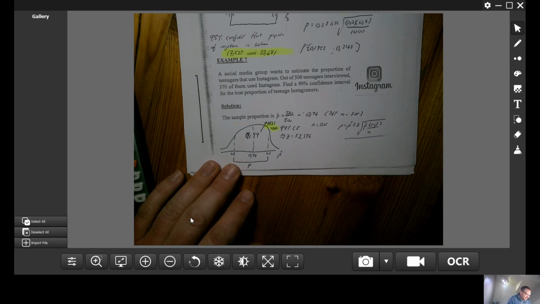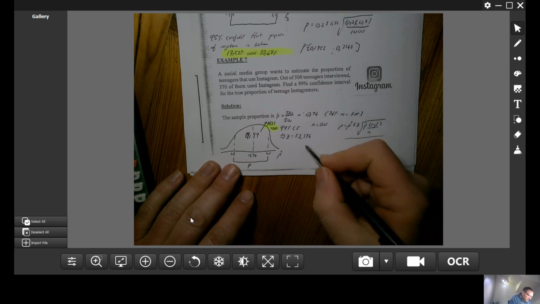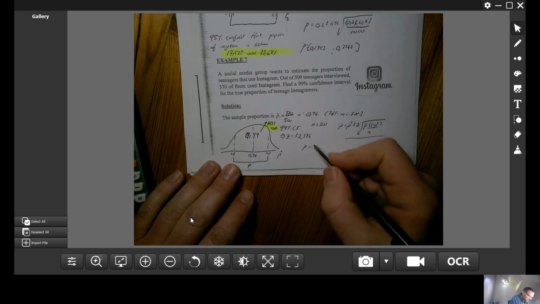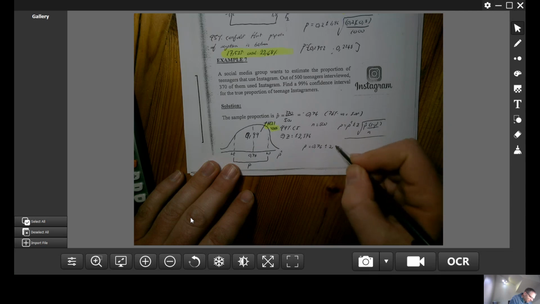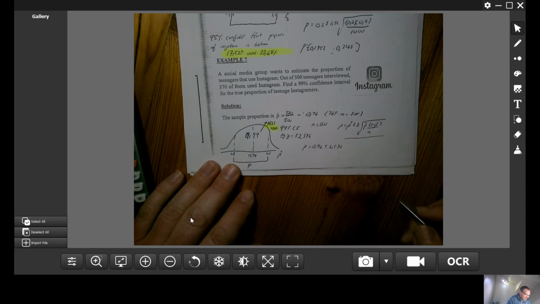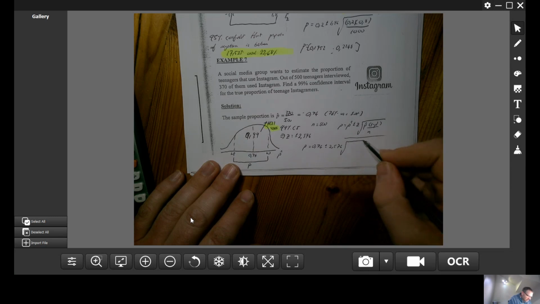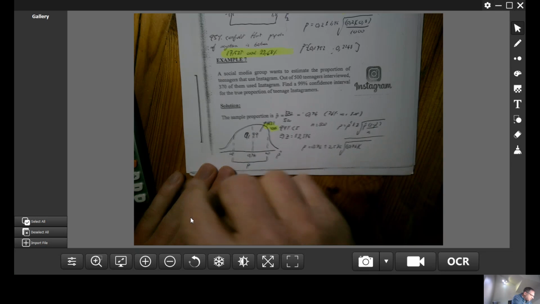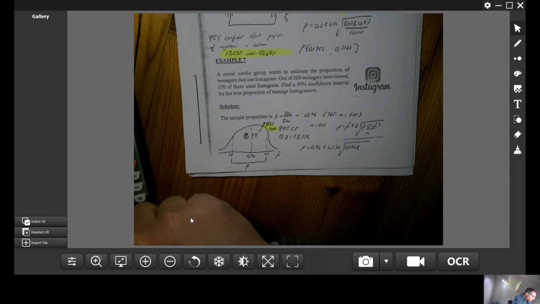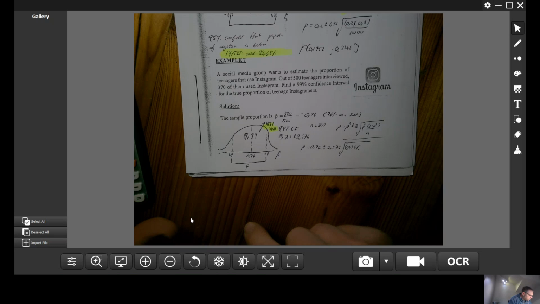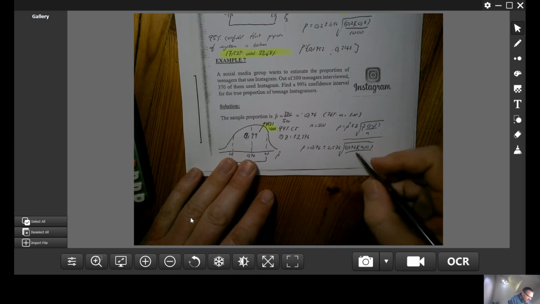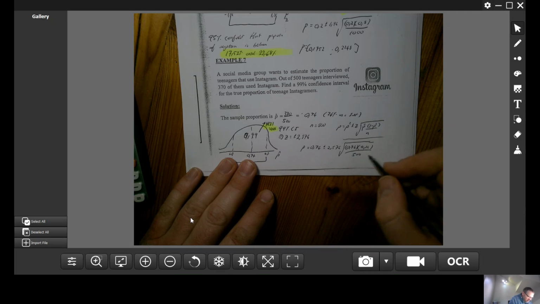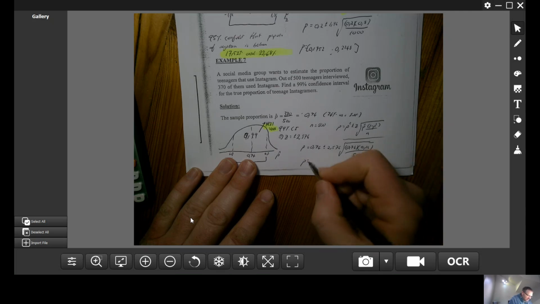So p is equal to p hat, which is 0.74, plus or minus my Z score 2.576, times the square root of 0.74 times 1 minus 0.74, which is 0.26, over n, which is 500.